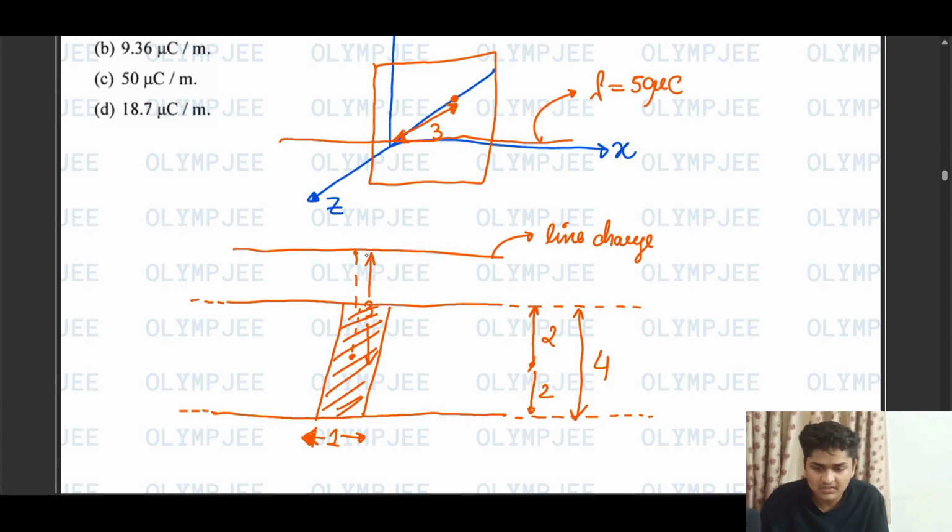So we know that the field due to this line charge at any point is given by 2kq divided by r, right?